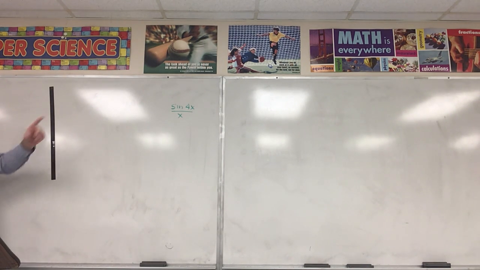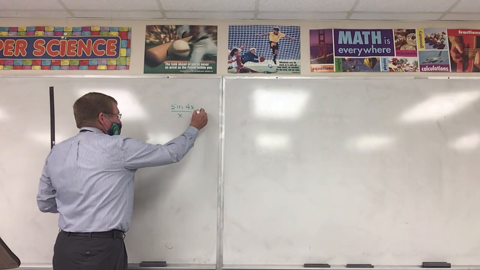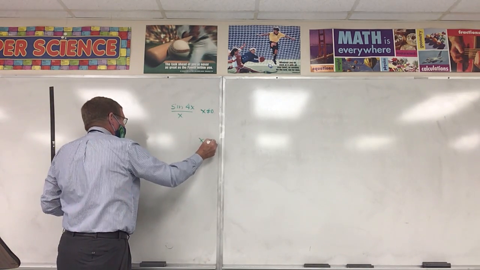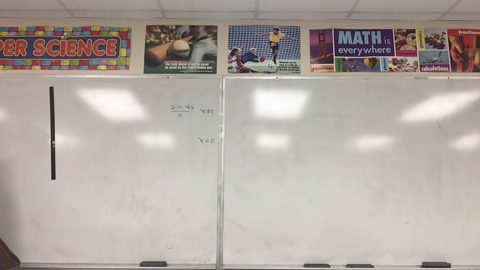All right, but we know that if we put, by substitution, 0 in for x, that's undefined. So I need to know, this is for all x not equal to 0, I need a function that represents what x is when x equals 0, to fill that spot in.